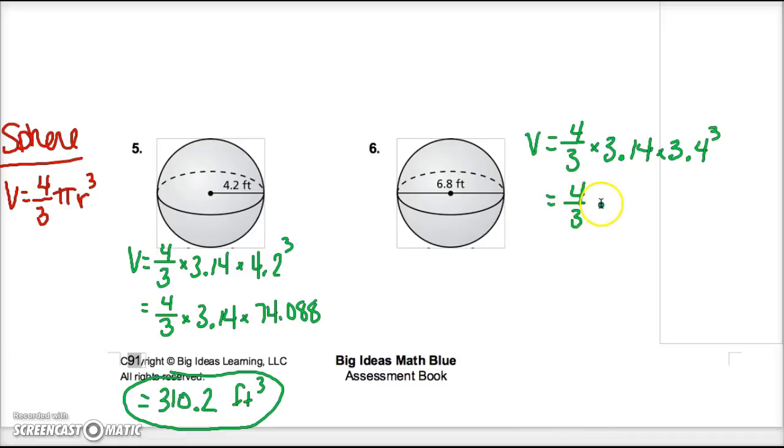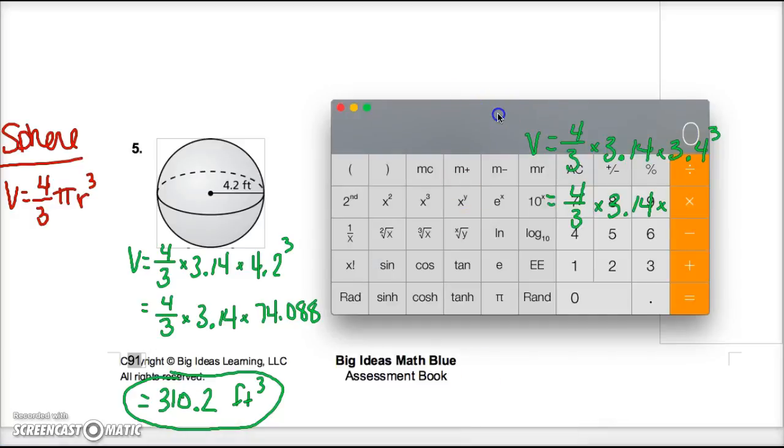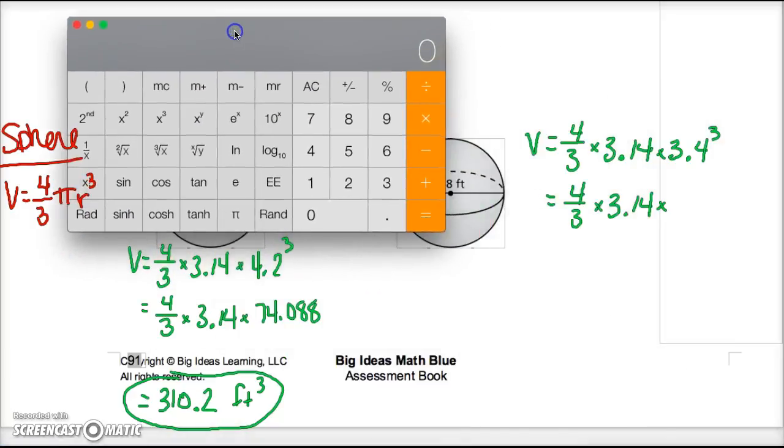So we have 4/3 times 3.14 times 3.4 cubed, which I'll figure out on my calculator. 3.4 times 3.4 times 3.4 gives you 39.304.